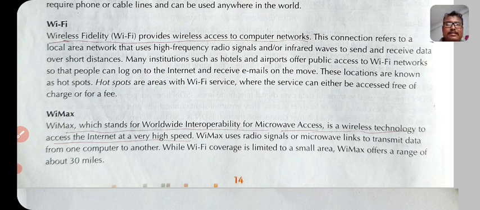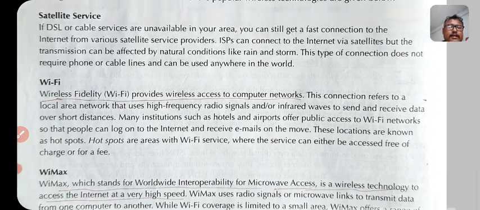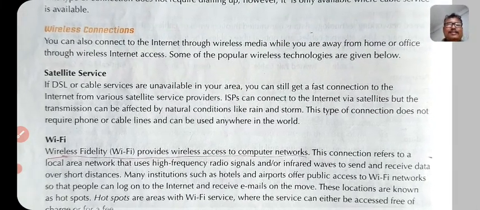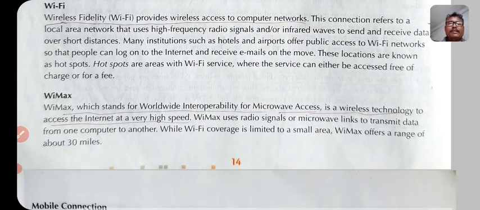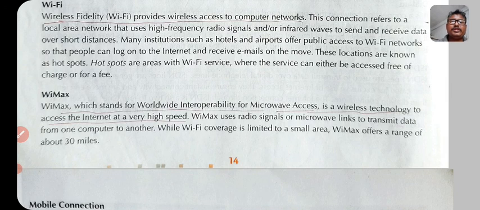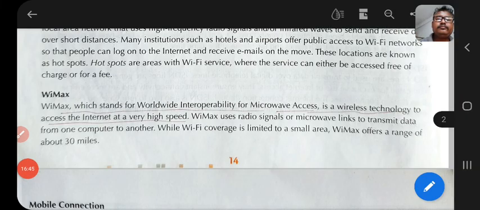Next is WiMAX. So here, from wireless connections, first we have discussed satellite service, second is Wi-Fi, and third is WiMAX. WiMAX, which stands for worldwide interoperability for microwave access, is a wireless technology to access the internet at a very high speed. WiMAX uses radio signals or microwave links to transmit data from one computer to another.